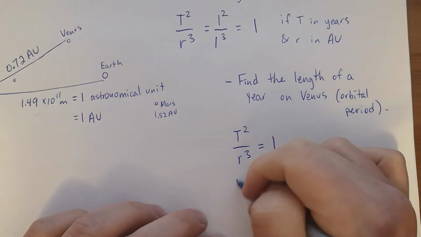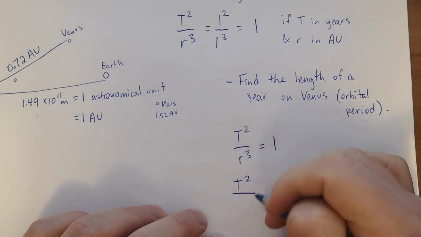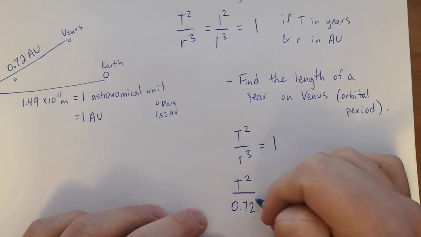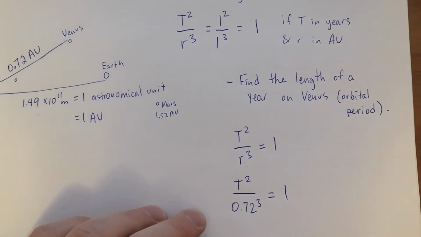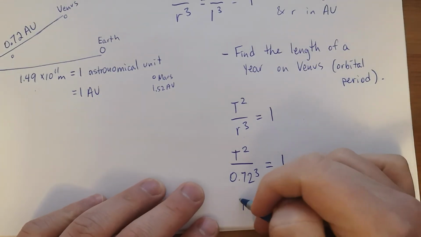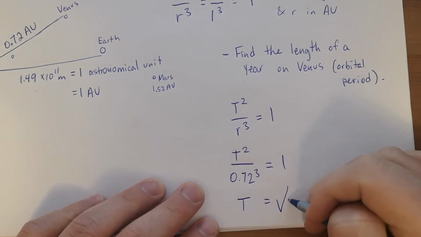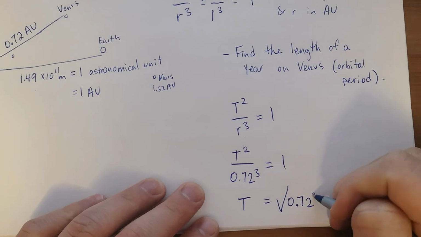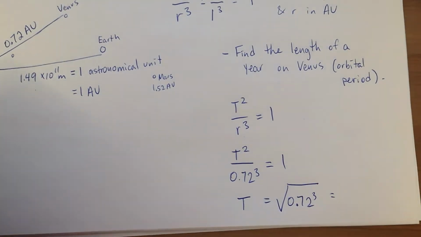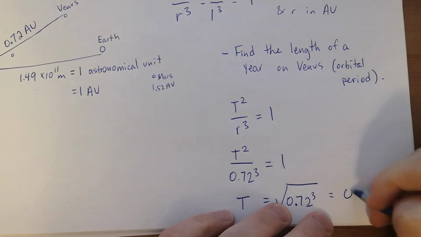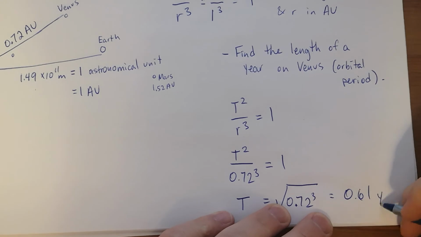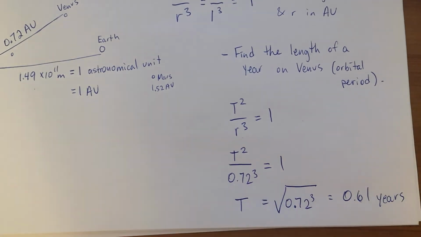Okay, so T squared over 0.72 cubed equals 1. So the orbital period of Venus is just going to be the square root of 0.72 cubed. I get 0.61. That's years. Earth years, of course.